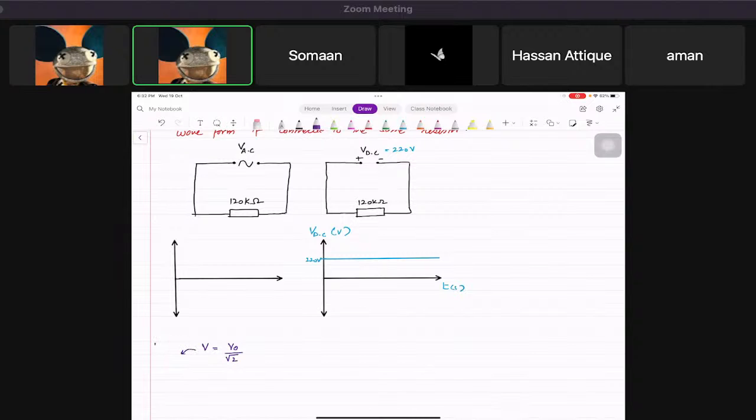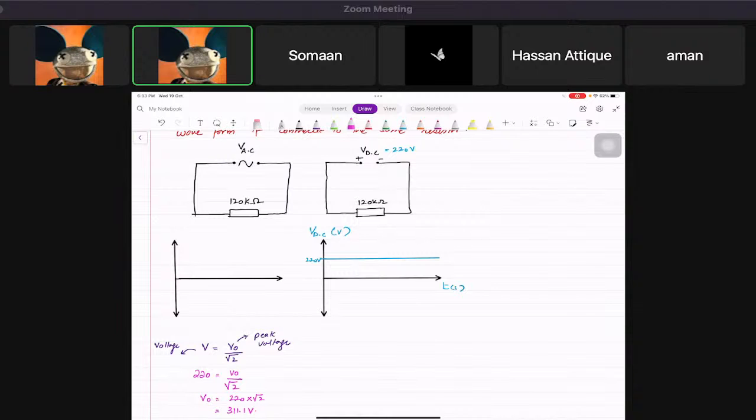So this is the peak voltage, and that's just under root 2. Which means that if I want to find what will be the equivalent voltage that I need to put on AC to get 220 as an average, it would be 220 times root of 2, and if you find this, it is going to be 311.1 volts.